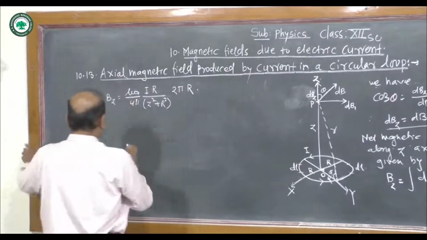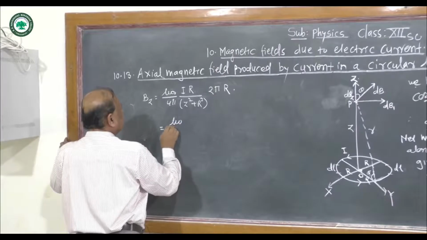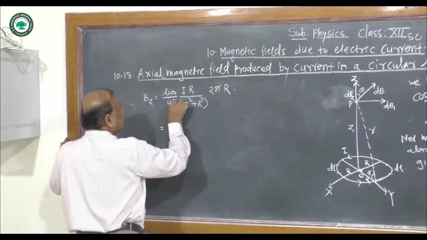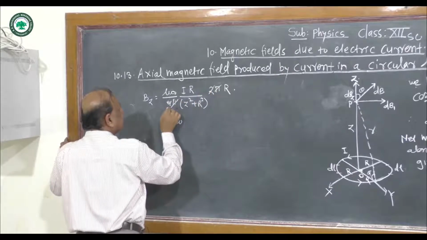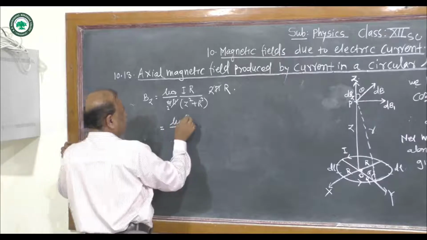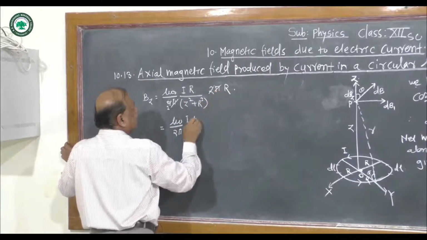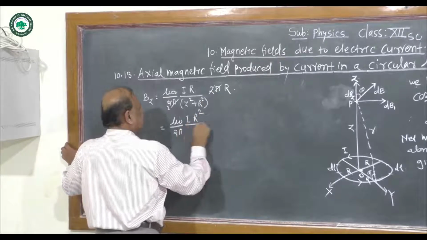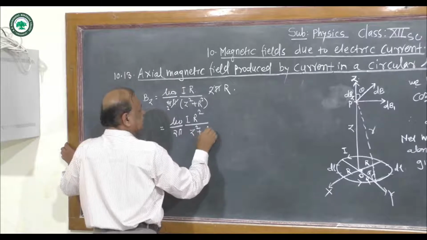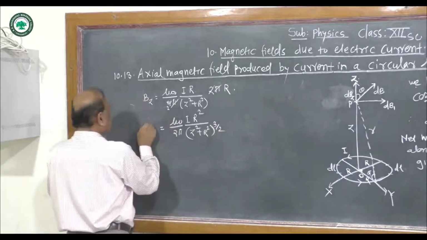Now the equation becomes mu 0 upon 4 pi, where the 2 cancels with the 4, giving mu 0 upon 2, I into R square divided by z square plus R square raised to 3 by 2.